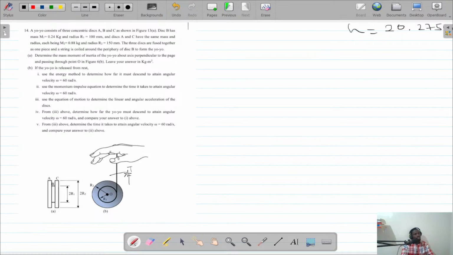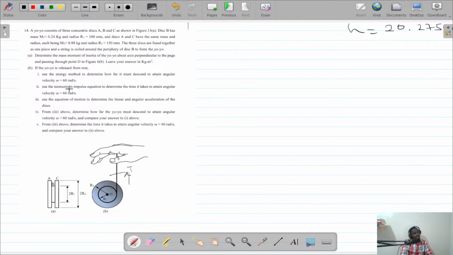Using the momentum impulse equation, since the body is rotating and translating, we can have the translational momentum impulse equation and rotational momentum impulse equation.